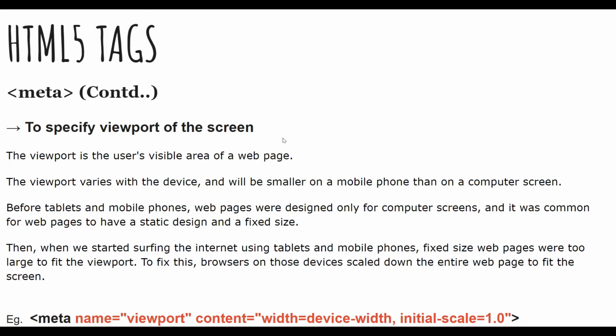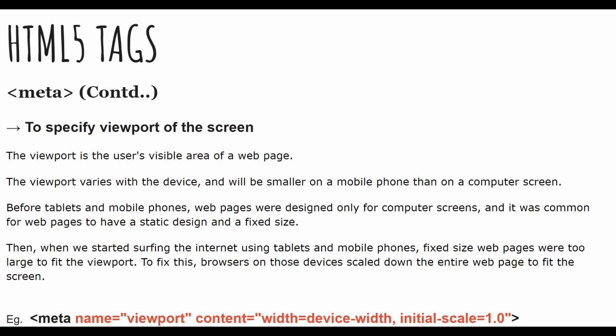So I have a page, and what if I don't use the meta tag with viewport? Without viewport, it will show the page as you have built it for the PC, in a smartphone. So when you open it in a smartphone, you need to scroll to see the image.